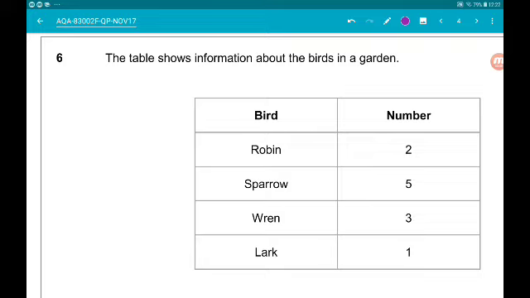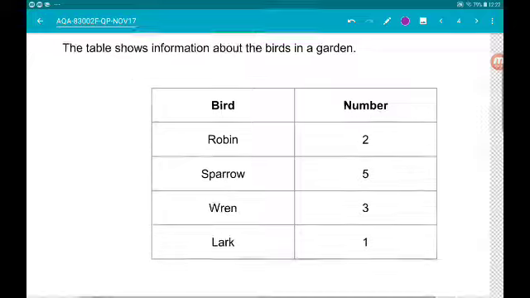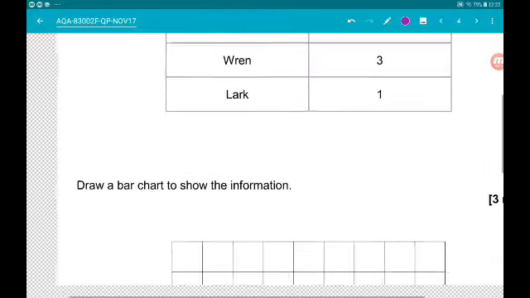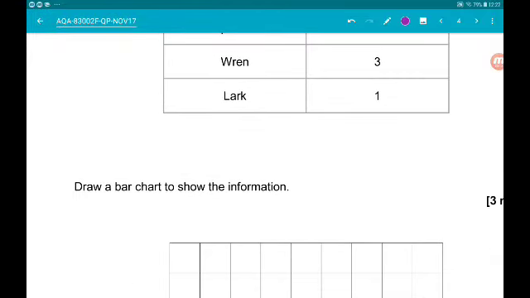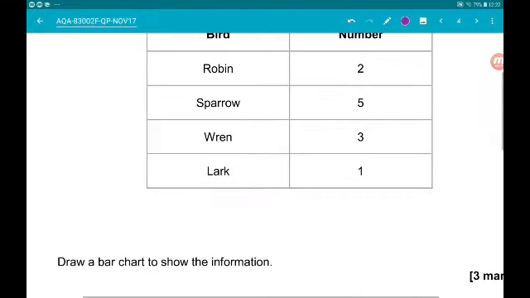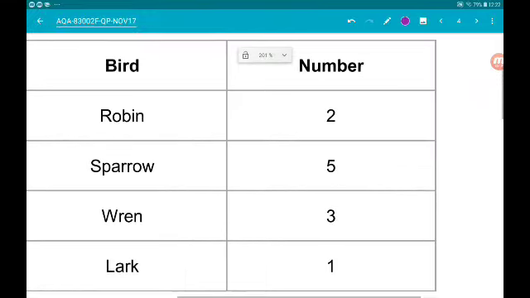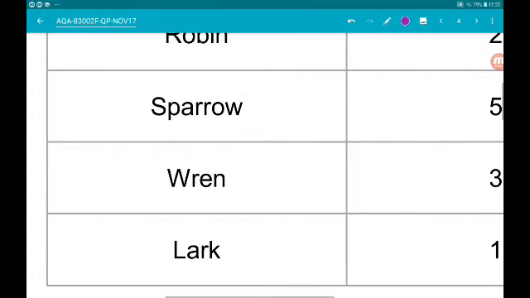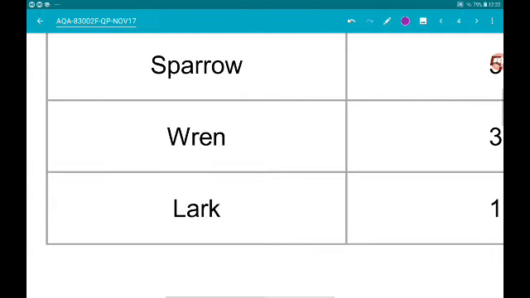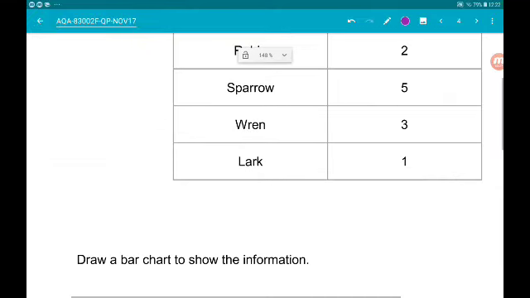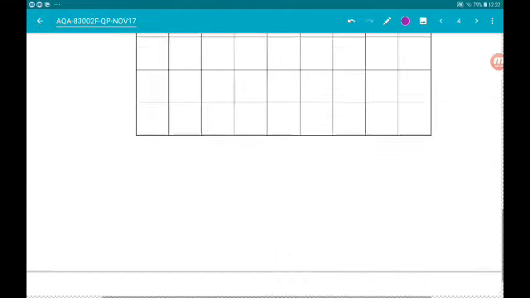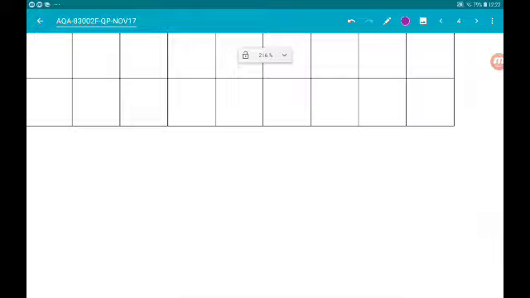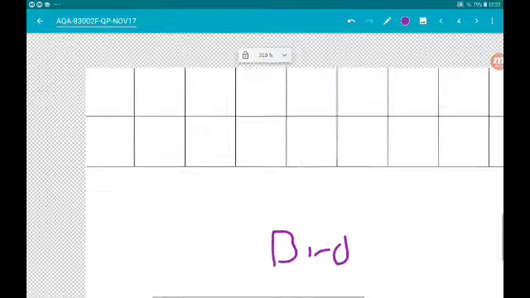Okay, question 6. We've got a bar chart to draw. So the table shows the number of birds in a garden. Very exciting. We want to draw a bar chart for this information. So we've got 4 types of bird: robin, sparrow, wren, and lark. So along the bottom, we're going to have the type of bird.